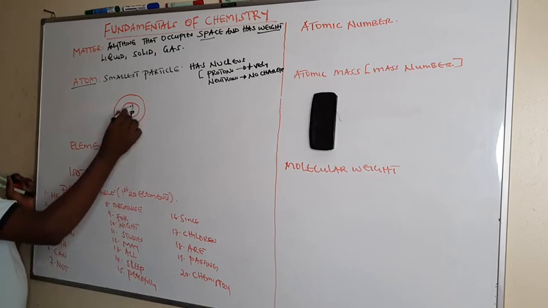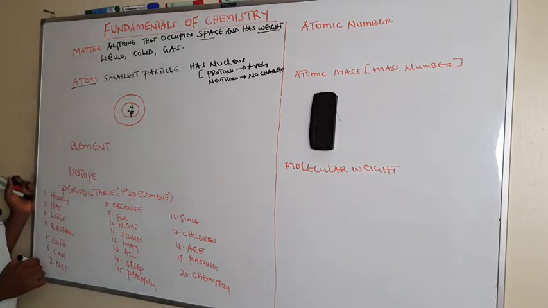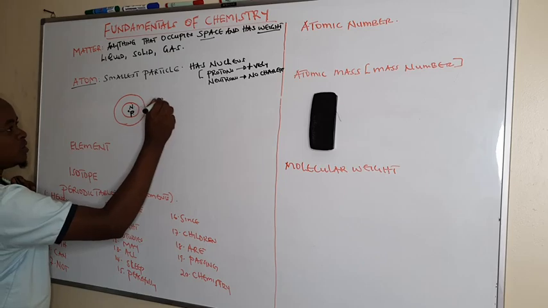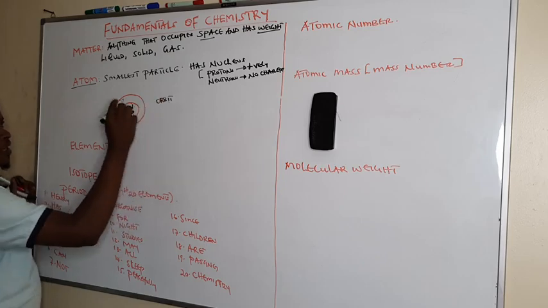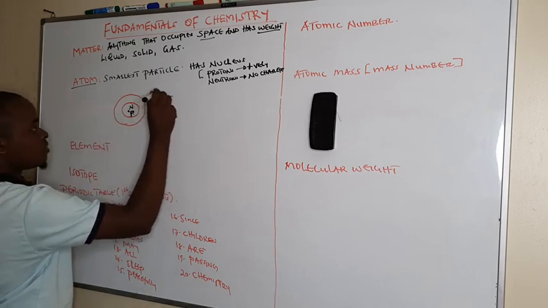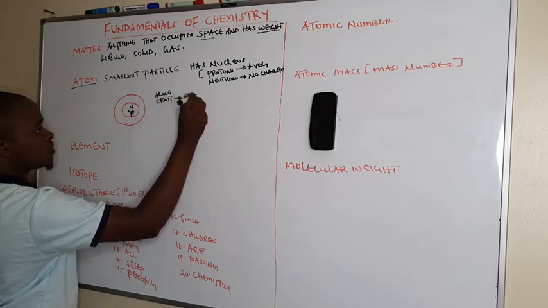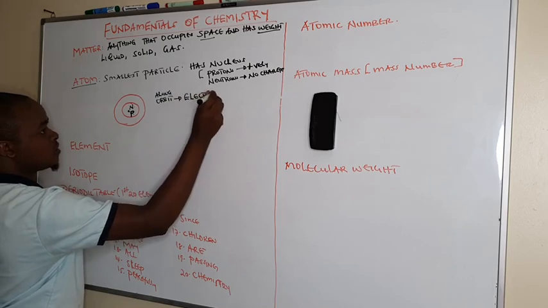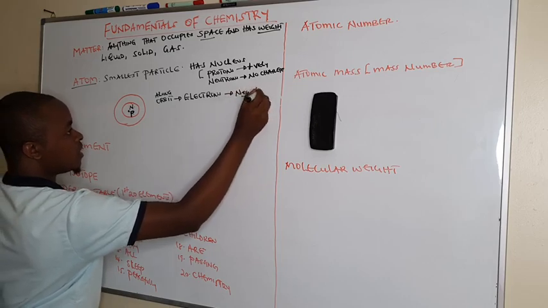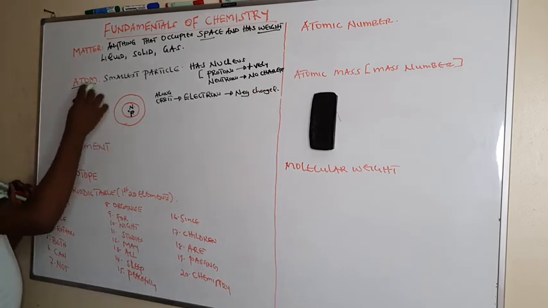And we have said neutrons have no charge, whereas protons are positively charged. Then along the orbit, that is along the energy level, we find electrons, and these electrons are negatively charged. So they are found along the orbit.